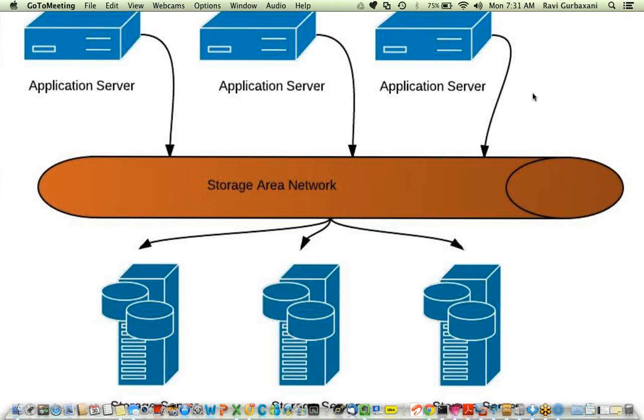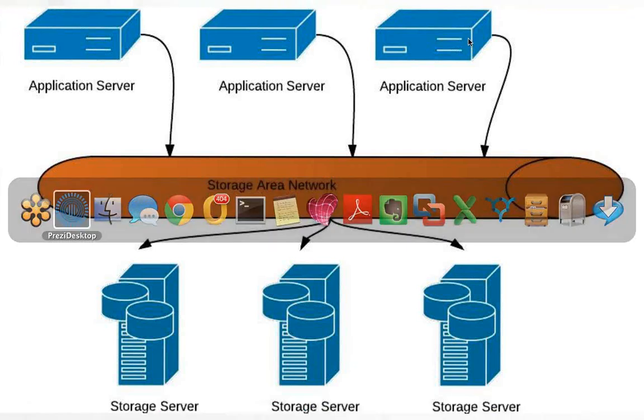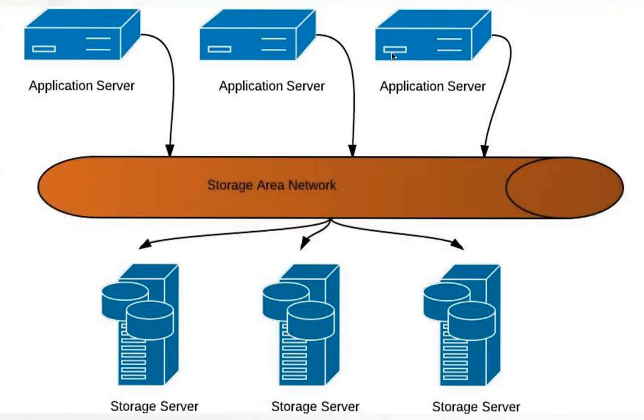Let's say you have 10 terabytes of data on your storage area network, and you deploy 10 app servers. Each app server will read 1 terabyte of data, process it, and write it back. That's how the whole execution works.